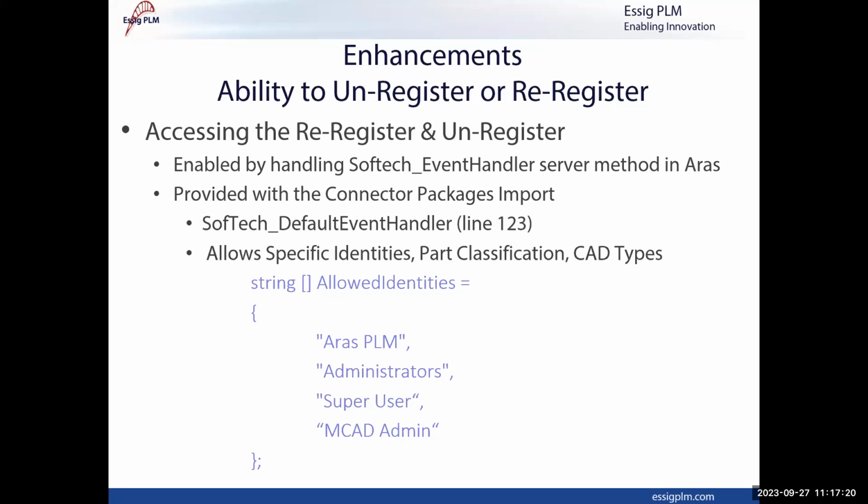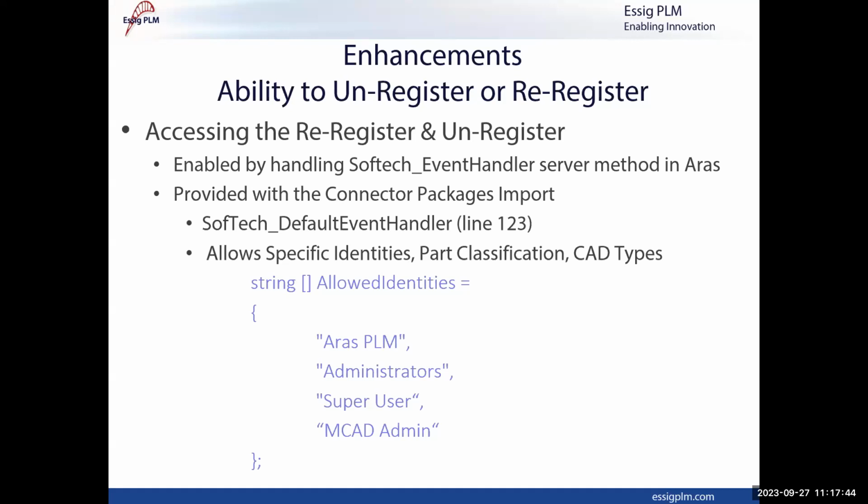Also, if you look through this default event handler, you have only these types of parts, only this classification. For example, I cannot re-register or unregister a component, a part, an SLDPRT, or PRT file. I can only do it with assemblies, and maybe there's even some more definition on that.